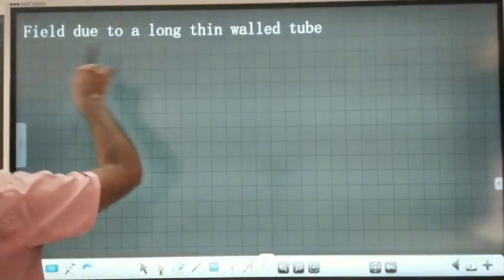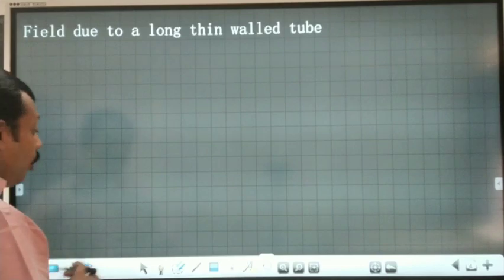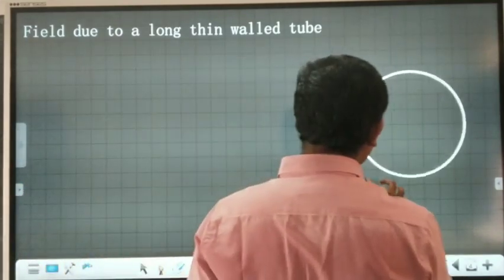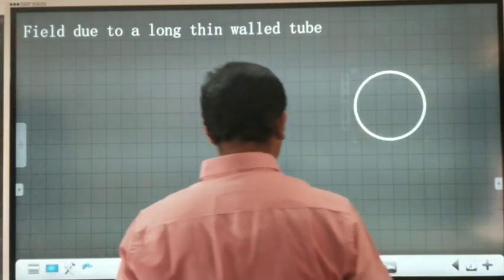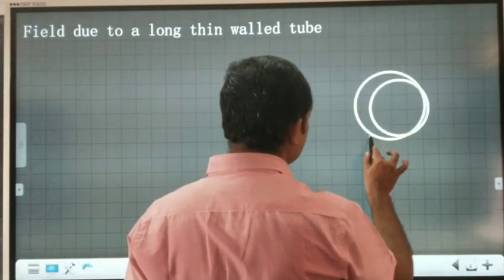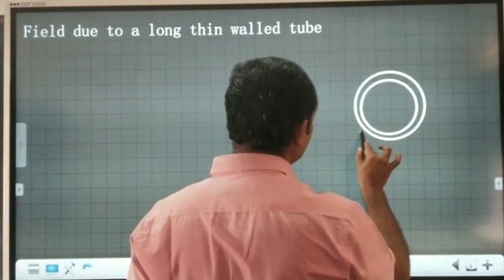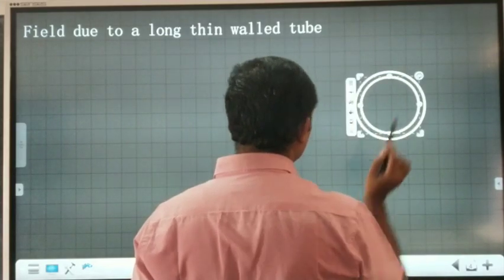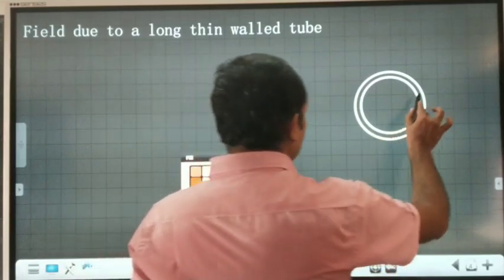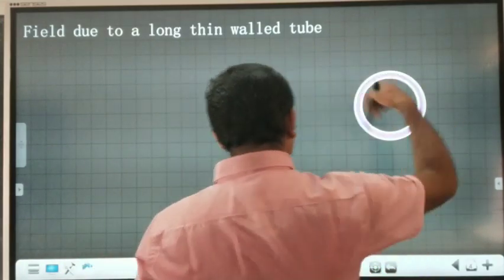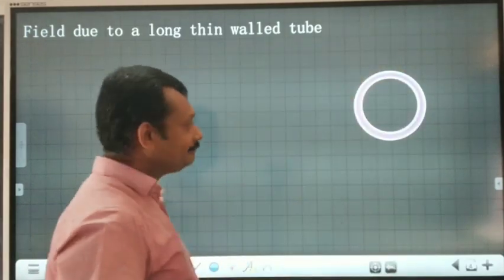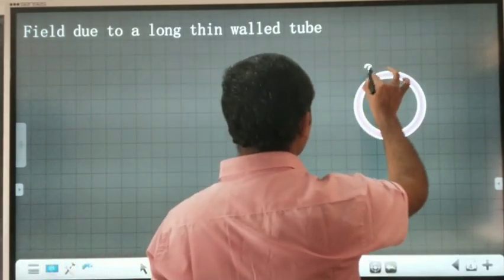So this is the field due to a long thin walled tube. This is the conductor I am talking about. It's a thin walled tube, that means the current is supposed to flow in the region mentioned, and let me say this is carrying a current.